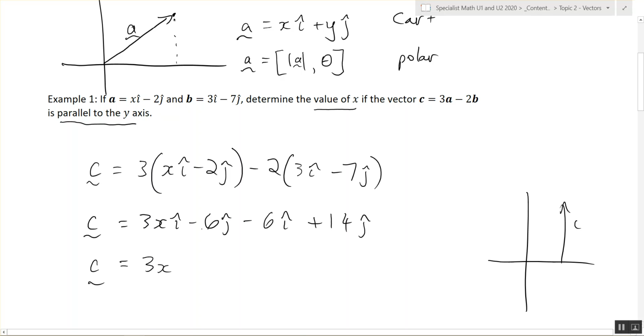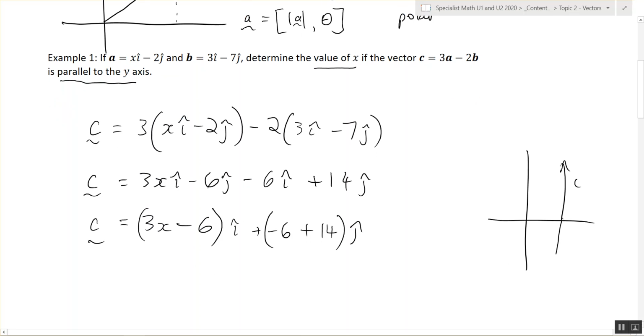So we're just looking at the i's, because the i's are the x's. So you can see it's moving from negative 6j to 14j, so quite a long vector. But this part, because it's parallel to the y, should sum to 0. So the i's should be equal to 0, because there's no change in the x going in those directions.